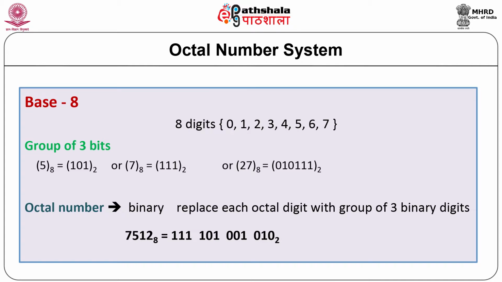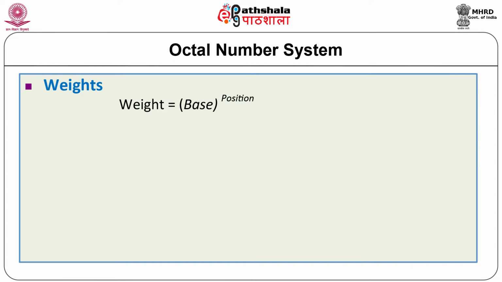Let us consider octal to binary conversion. 7512 octal can be represented as 111, 101, 001 and 010 in binary. For an n-bit number, the value of the digit in each column depends on its position.